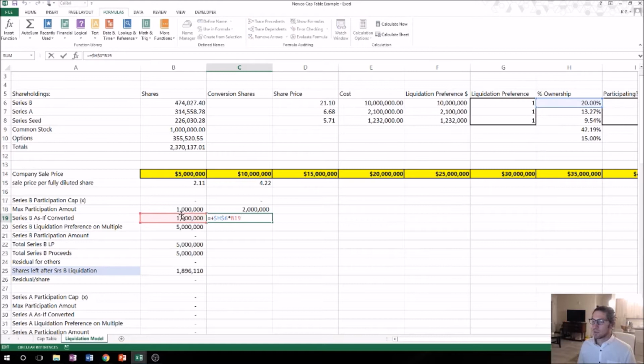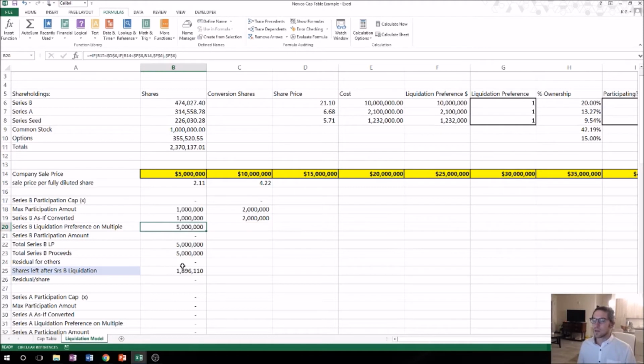And I multiplied it by the wrong cell. Do times this 10 million up here, not this 1 million over here. Thought something seemed a little bit off. Most of the time, and we'll see as I drag it out, but I think the max participation amount and the Series B as if converted should be the exact same number if it's uncapped.